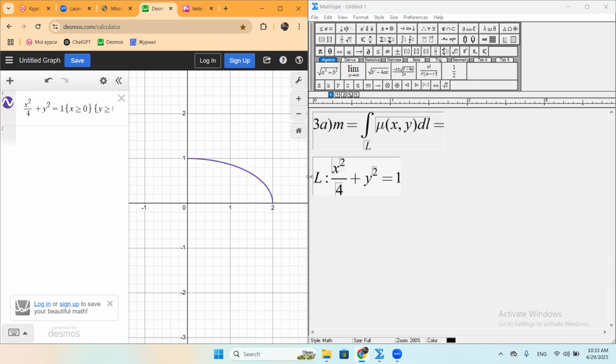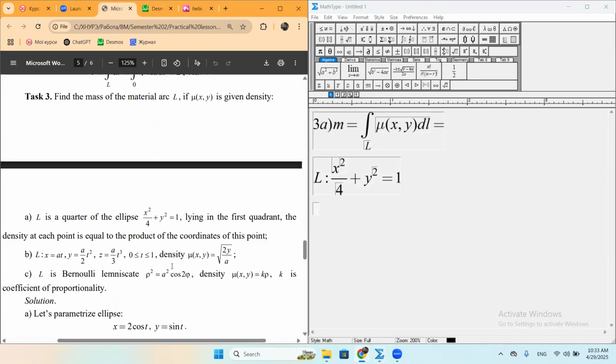So this curve. Okay, what next? The density at each point is equal to the product of the coordinates of this point. So it equals xy. How to calculate it? It will be equal to the following integral.